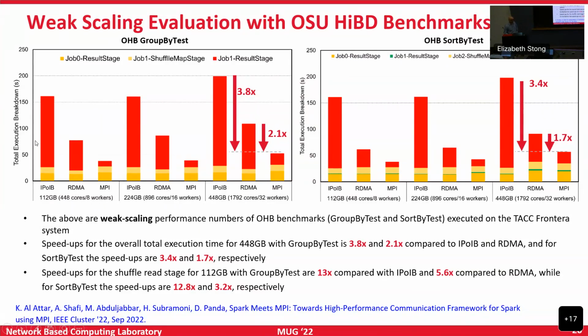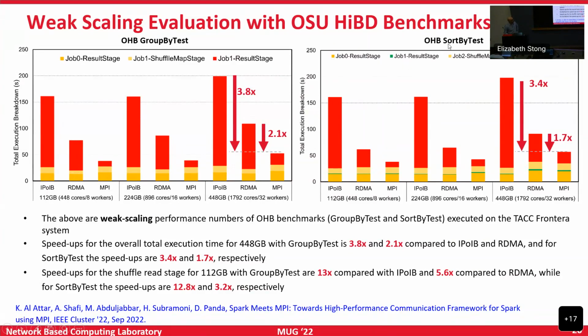We are plotting 3 graphs here. One is vanilla Spark. The second one is from our own lab, RDMA Spark, and then we have MPI4Spark. As you can see, for this group by application, we are getting around 2.1x speedup compared to RDMA Spark, and around 4x speedup compared to vanilla Spark.